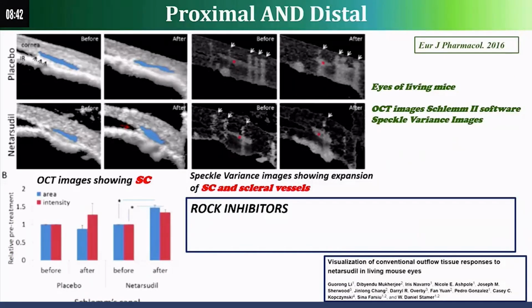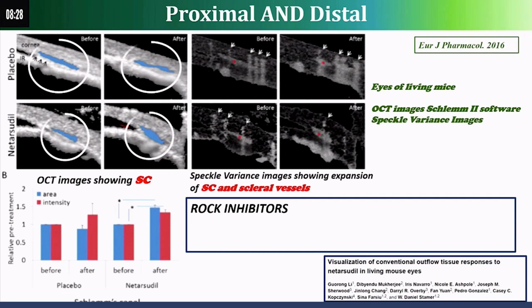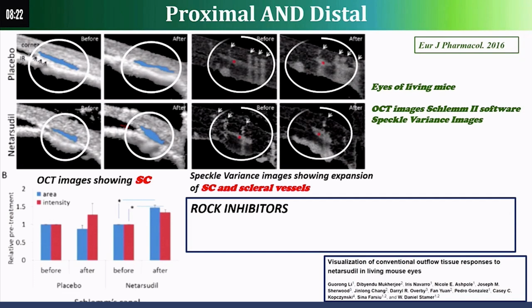Now, is this proven in terms of studies? And the answer to that is yes. This particular study, published way back in 2016, showed, with the help of OCT as well as speckle variance imaging, that when you use ROCK inhibitors, there is an expansion of the Schlemm canal, and the speckle variance image showed that not only is there an expansion of the Schlemm canal, there is an expansion of the scleral vessels also.